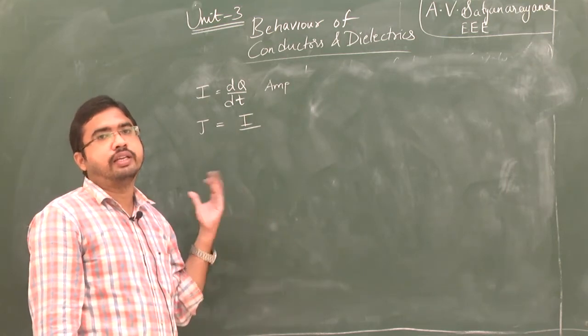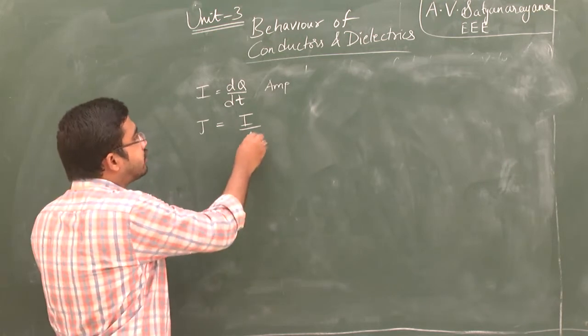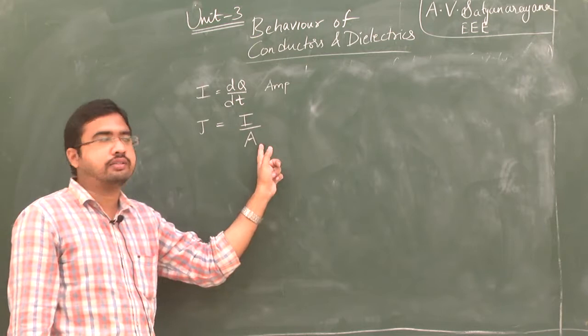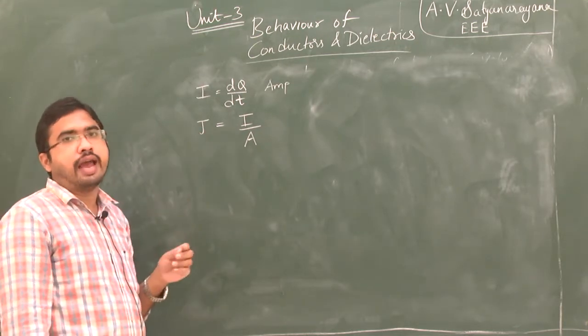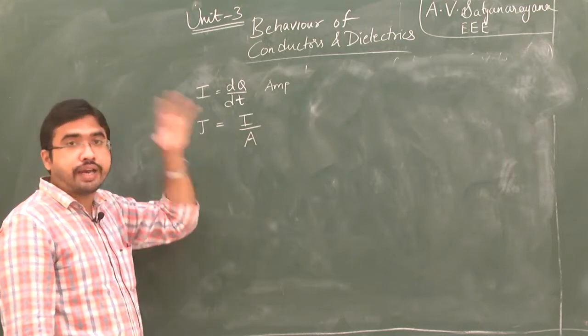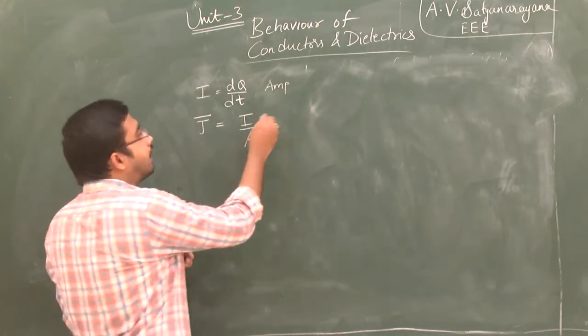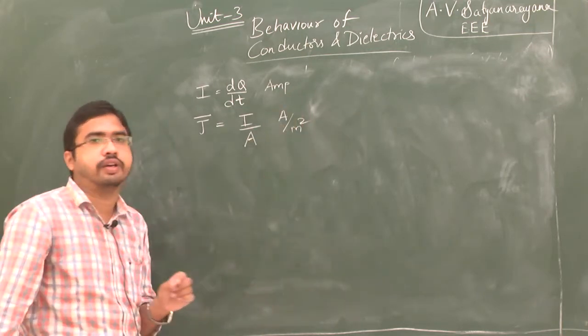This is the magnitude, and if you express this in vector form, then you should keep the bar, J bar. So I is amperes, area means meter square, so the unit is ampere per meter square.